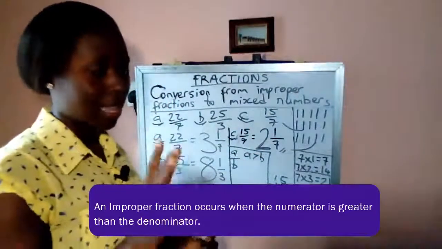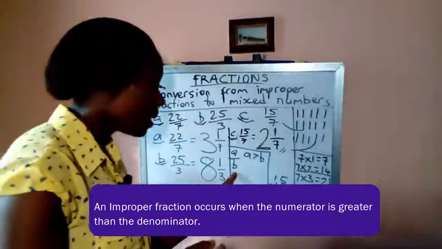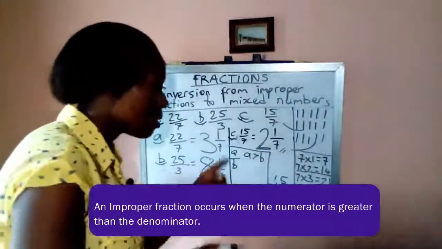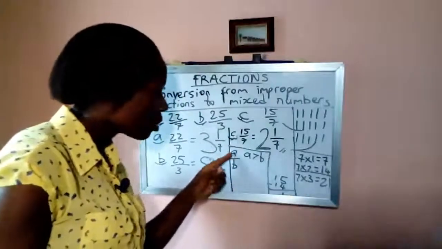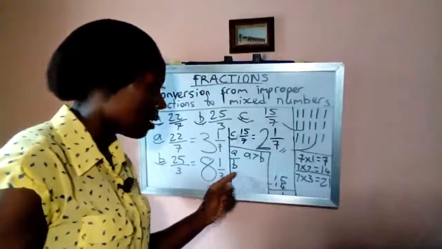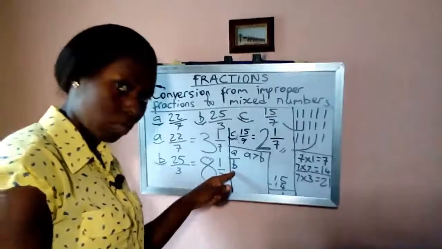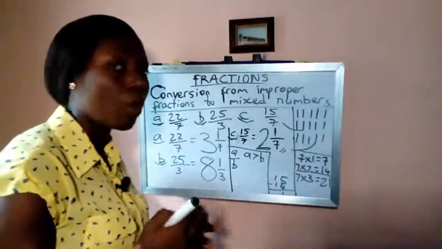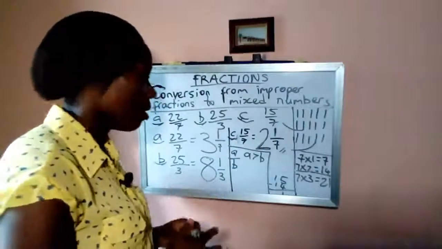A is called our numerator, b is called our denominator. Where the number on top of the quotient line is greater than the number below the quotient line, we say it's an improper fraction.